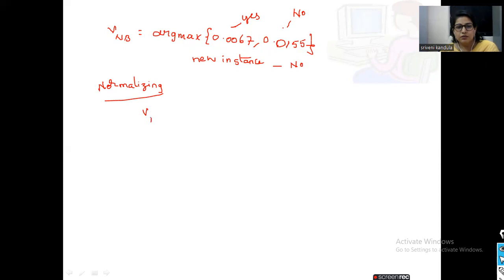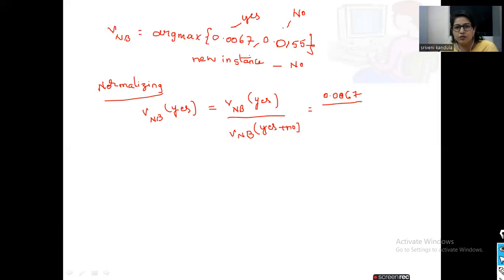To normalize, the formula is VNB of S divided by VNB of S plus VNB of no, which is 0.0067 divided by the sum of these two values. 0.0067 added with 0.0155 gives a value of 0.0222. Simplifying this, you get a value of 0.301.